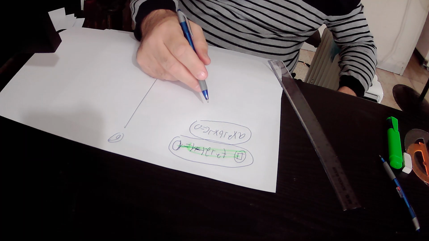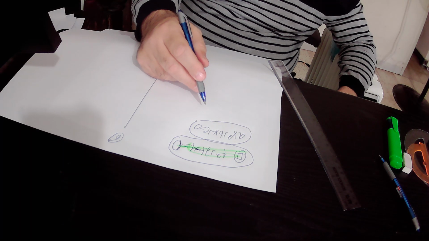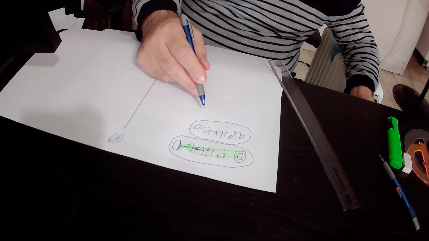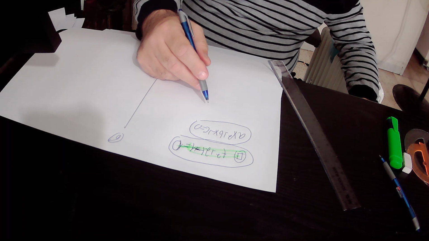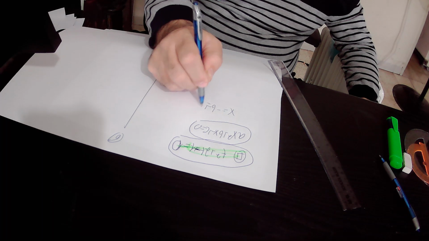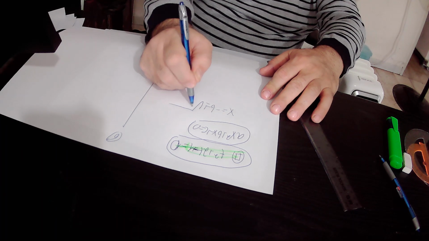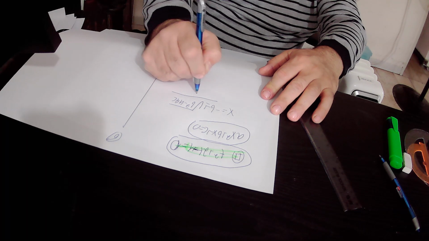Here, in this general formula, a, b, and c are the coefficients of the quadratic equation, and x is the variable that we are looking for. And we'll find the value of x according to the following formula: x equals minus b plus minus square root of b squared minus 4ac, over 2a.